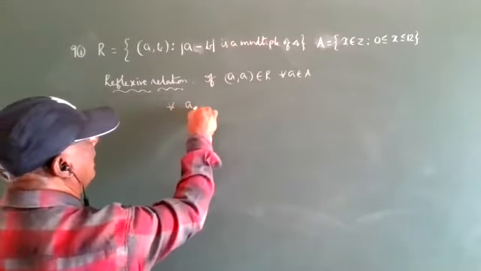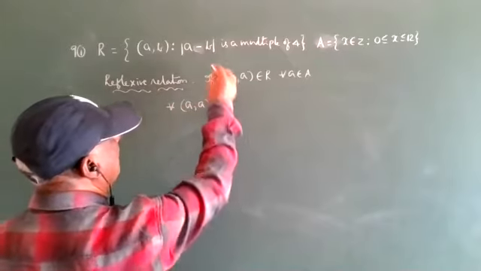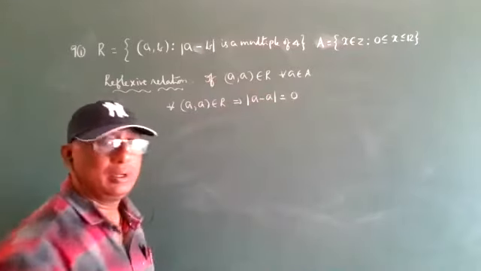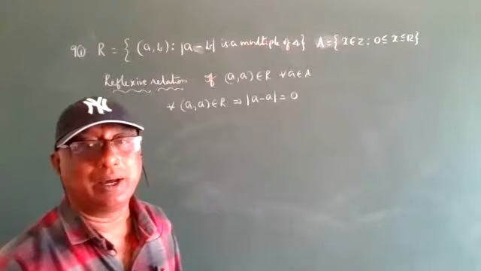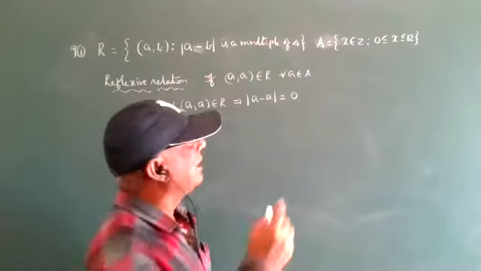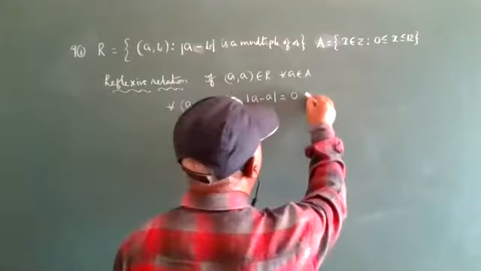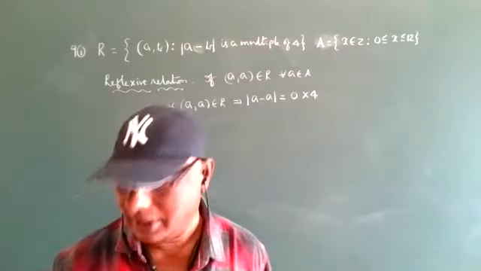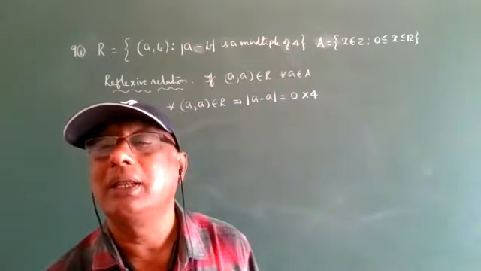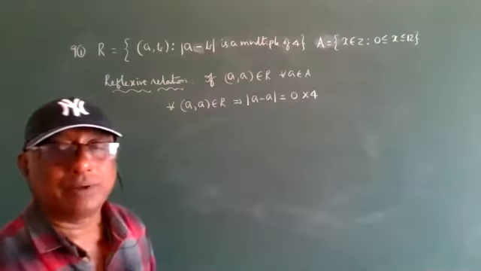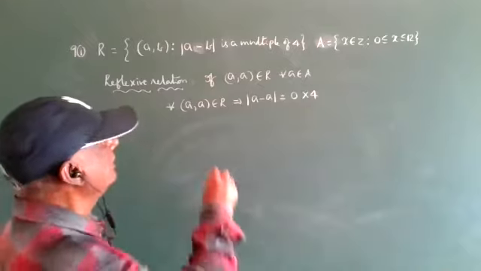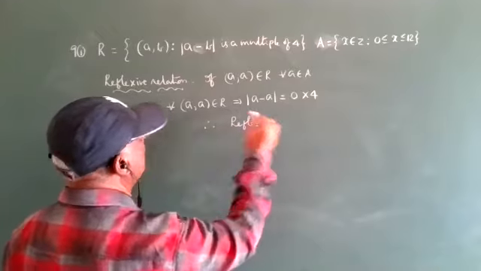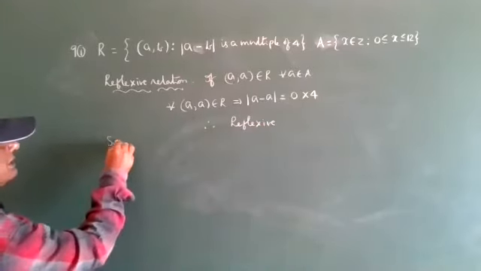I will prove A comma A belongs to R by the definition: modulus of A minus A value is 0. 0 is divisible by any number, or 0 is a multiple of any number. Therefore, it is reflexive.